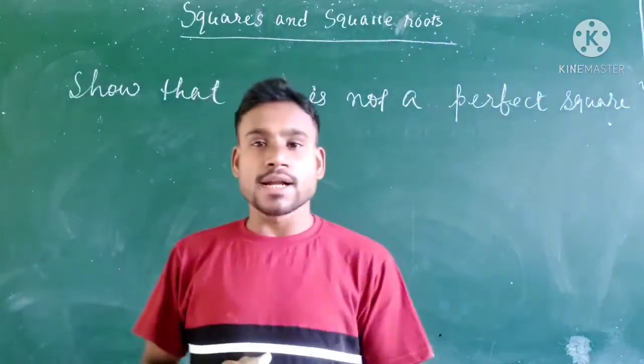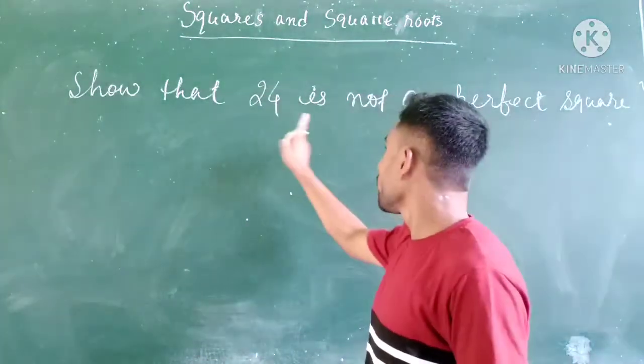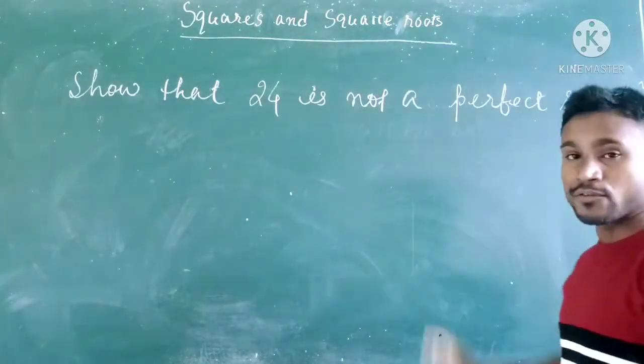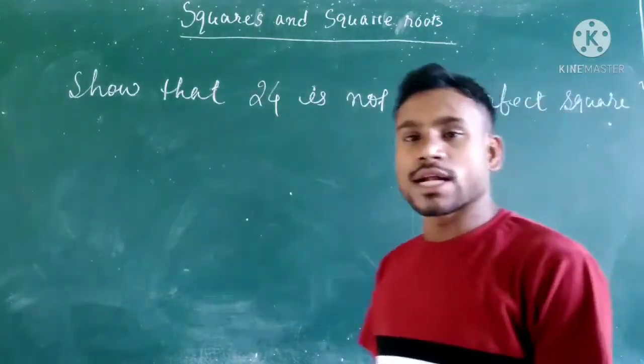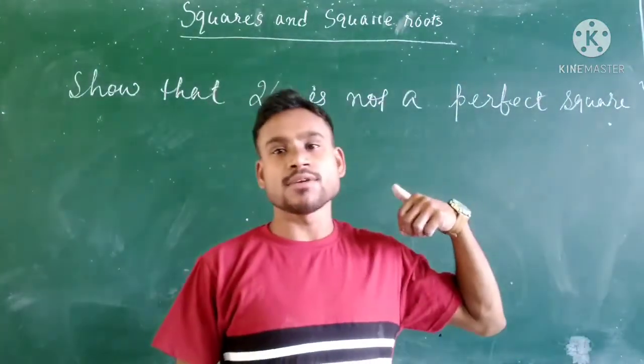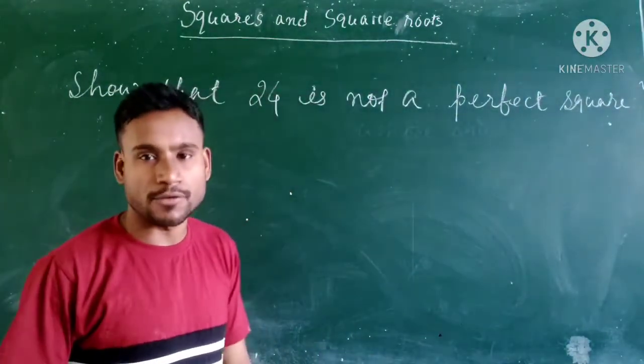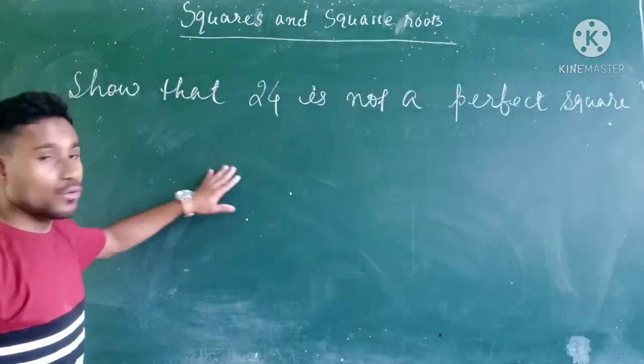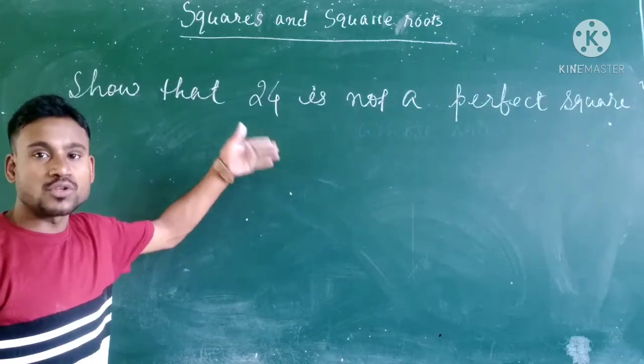Now here we have another question: show that 24 is not a perfect square. The procedure remains the same as in the earlier question.